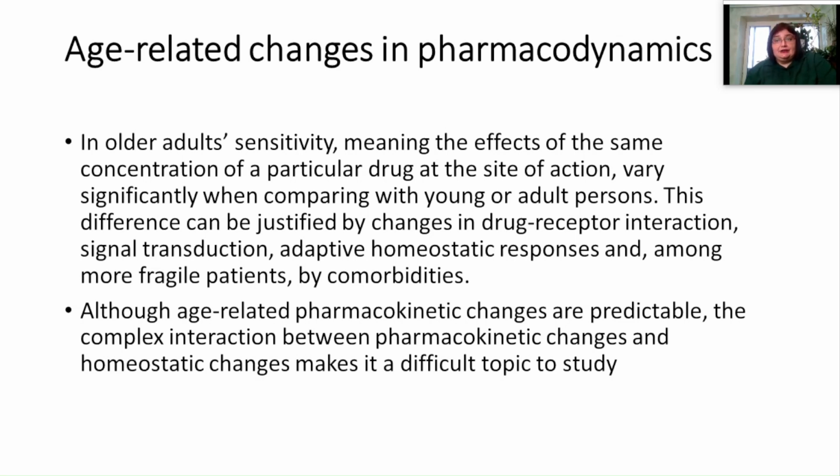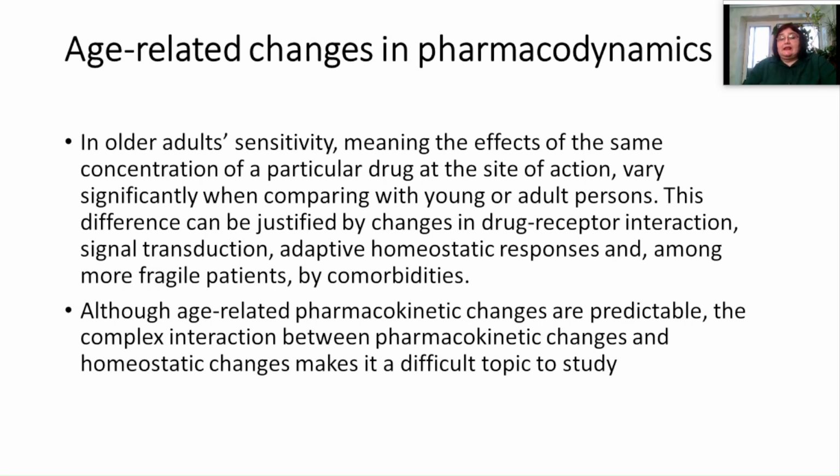Age-related changes in pharmacodynamics. Now we're talking about why pharmacodynamics is important in aging patients and older adults. In older adults, sensitivity, meaning the effect of the same concentration of a particular drug at the site of action, varies significantly compared with young adults.